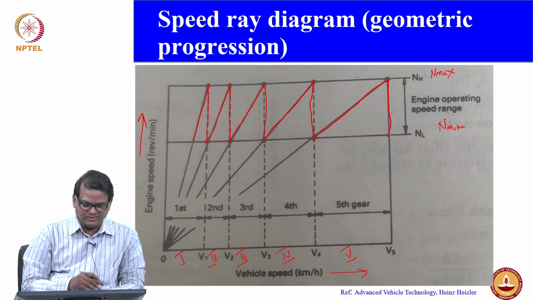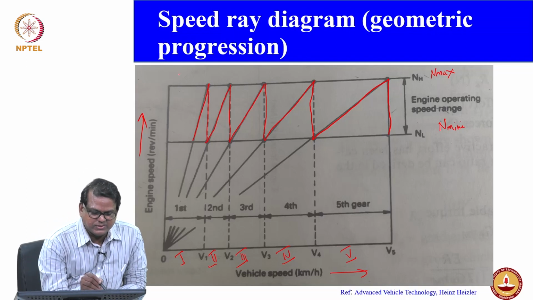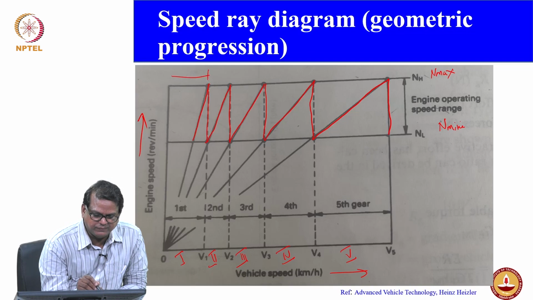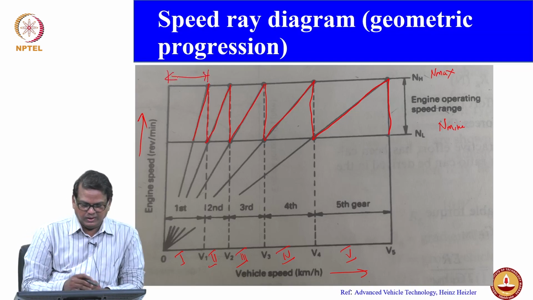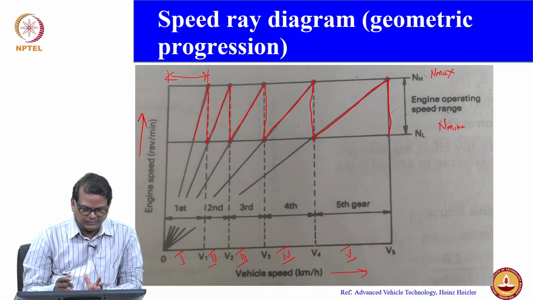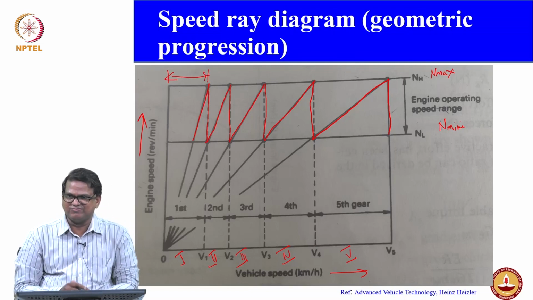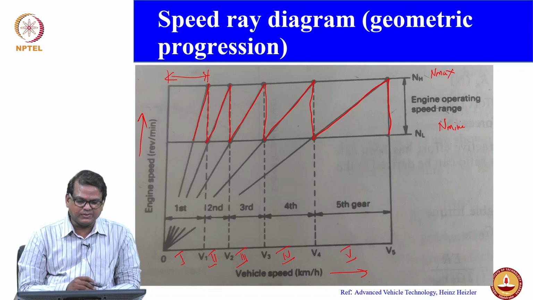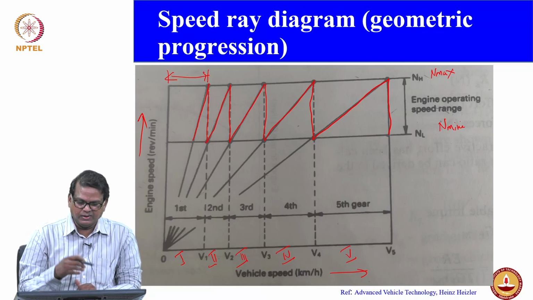And very interestingly, you have a large gradient, I would say a large gear ratio, in the first gear itself. You could see the huge step. As you move on to the higher gears, the ratios are in a very close range. This is for the geometric progression.